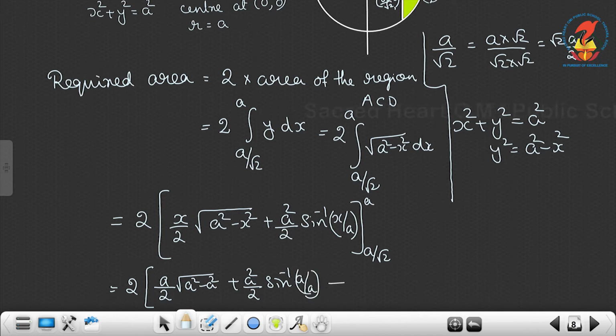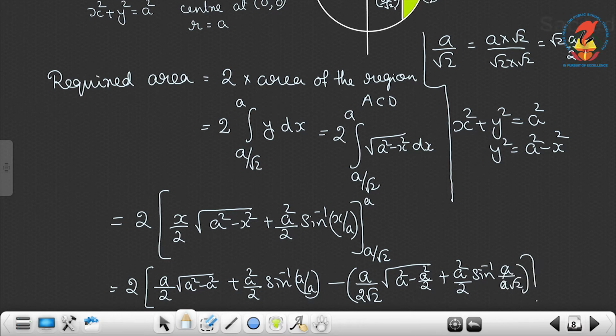Then minus, with x as a by root 2: a by 2 root 2 into root of a square minus the square of this, a square by 2, plus a square by 2 sin inverse a by a, then root 2. So a and a cancel.